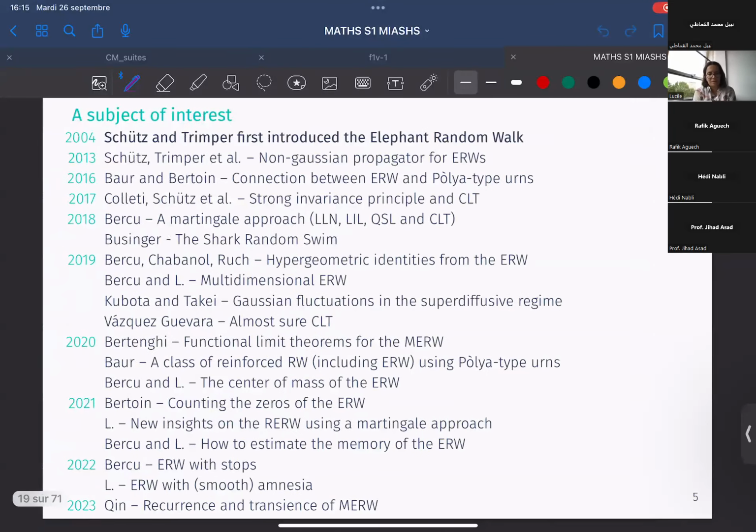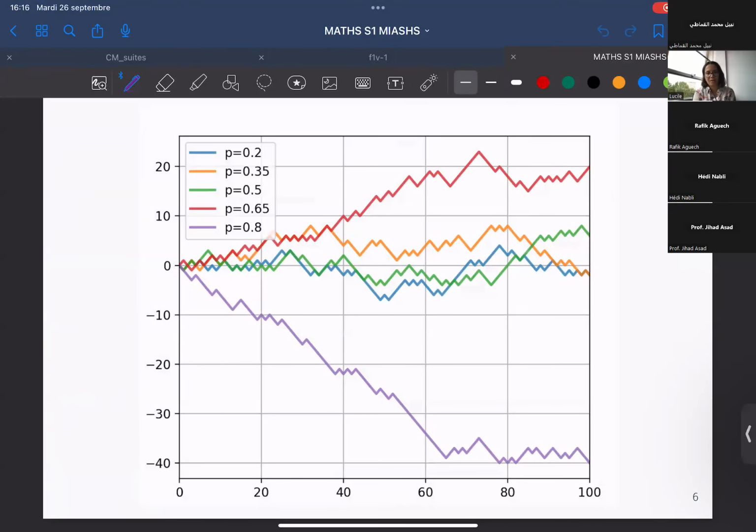Okay, so this is to see how the parameter P, that is the memory parameter, has an influence on the behavior of the elephant. So as I said, when P is 1/2, it's just the simple random walk. And when P is small, so that means less than 1/2, then the elephant has a tendency to compensate a lot of what it did.